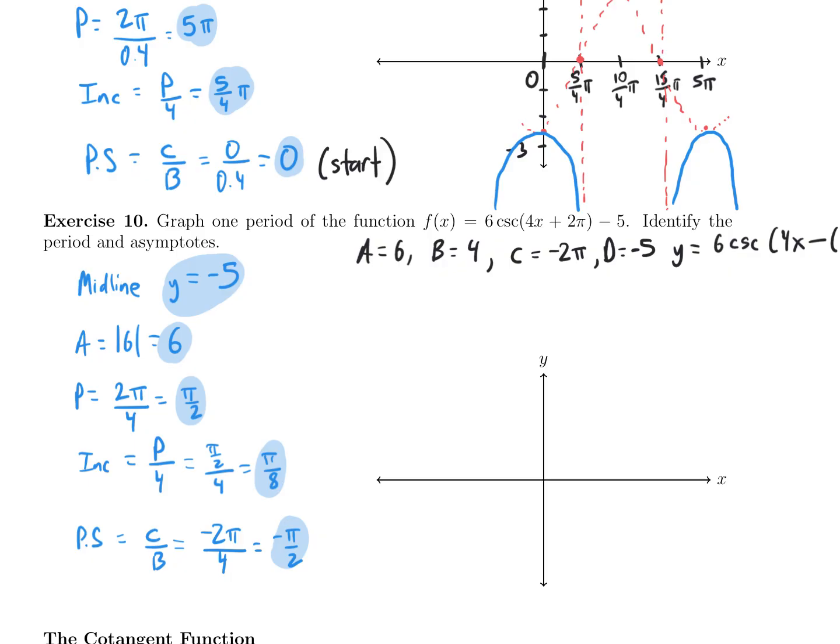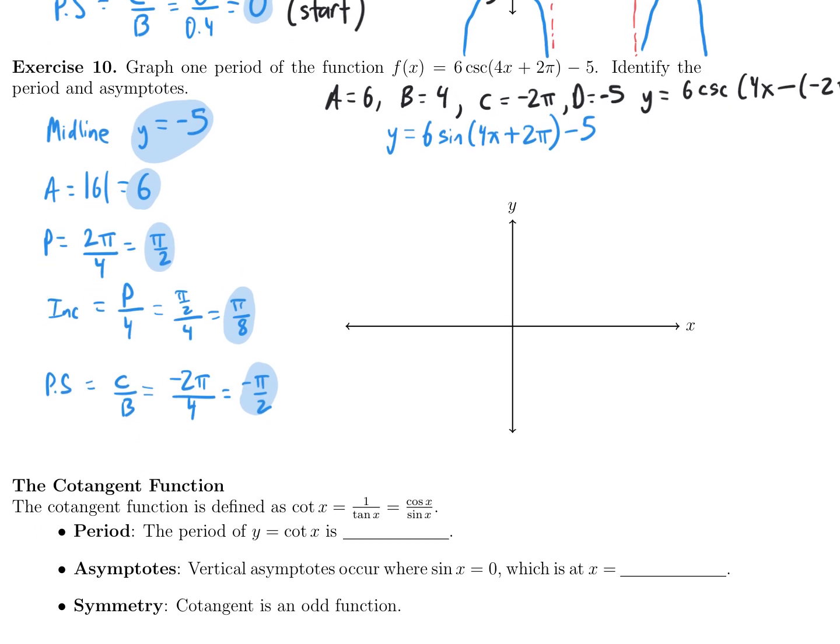So now we've got all the information we need to proceed and graph this function. Remember, we are graphing the sine function first, because we're graphing the reciprocal of cosecant in order to have the graph to guide us, and then we can just fill in the branches. Okay, so let's start with the midline, which is at -5.